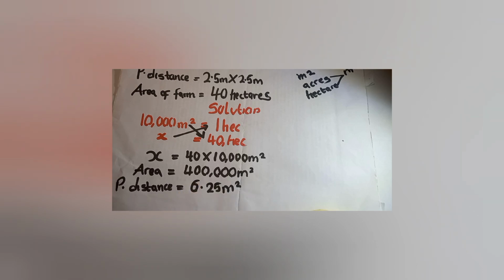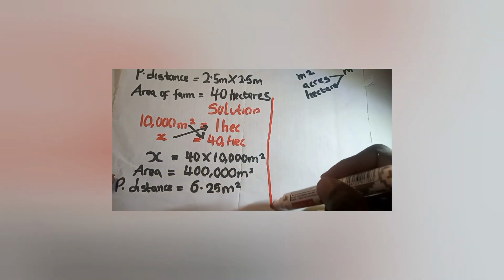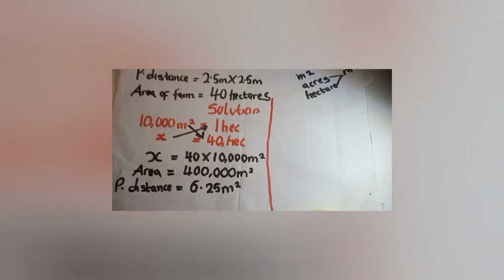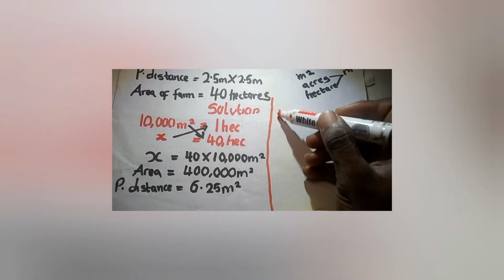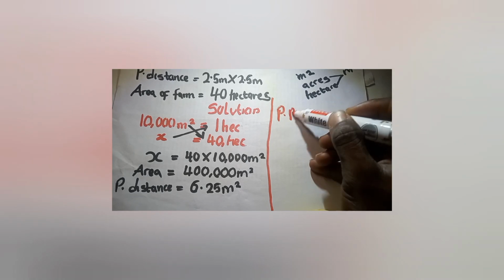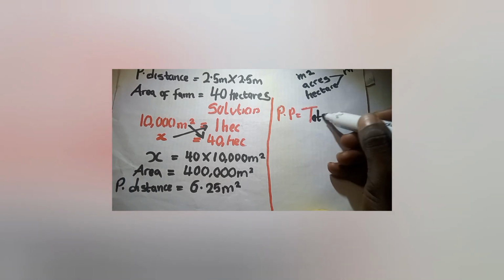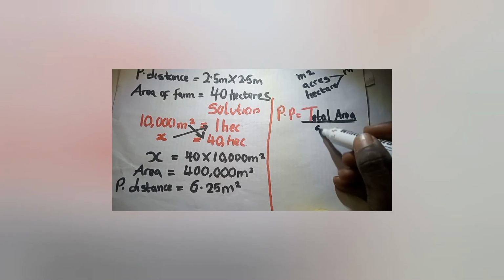Don't forget, the formula for plant population is total area over the spacing of the crop. So plant population equals total area over spacing.